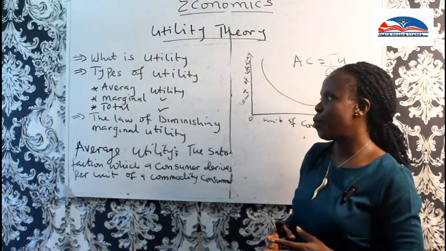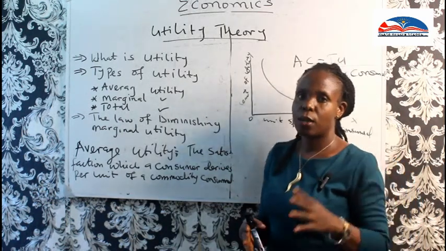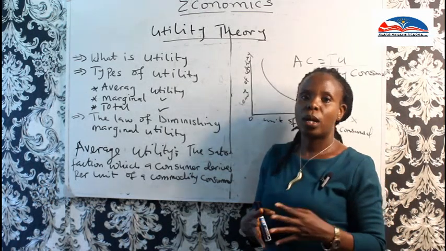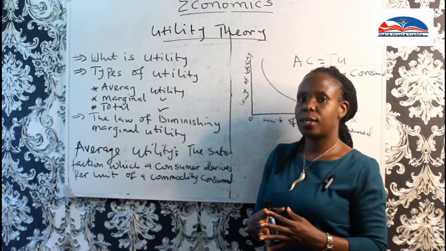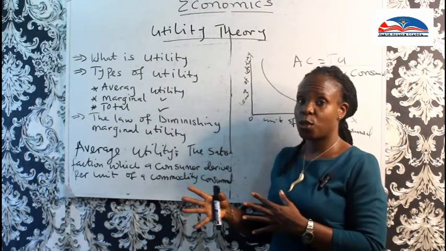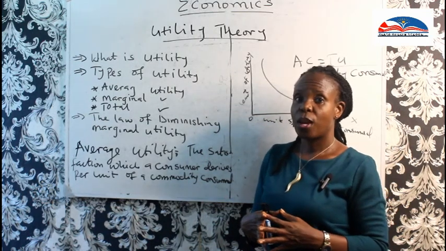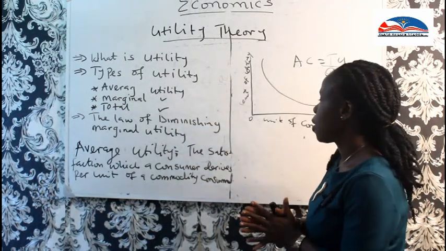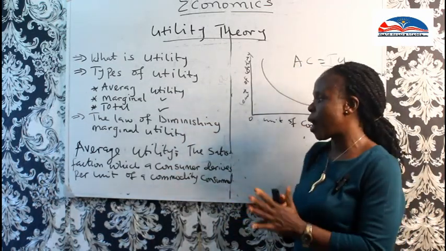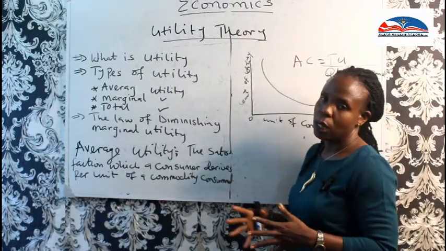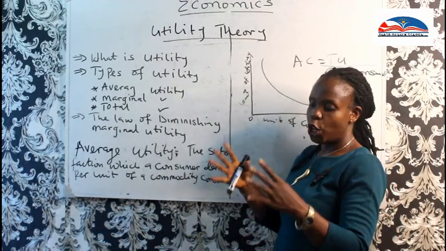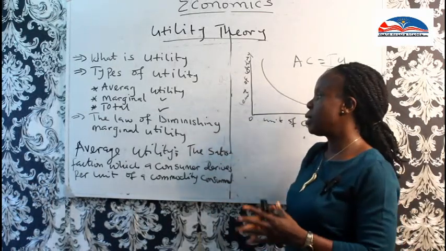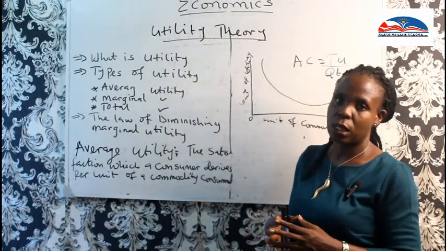If, for example, a unit is 4 and he consumes 4 units, that's to say 4 times 4. So it is the satisfaction which a consumer derives per unit of a commodity he consumes. Each product has its units that he has consumed, and that is average utility.